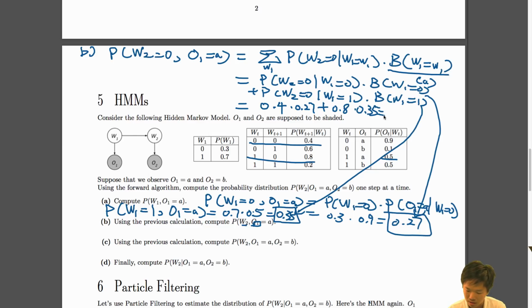And if we plug that into a calculator, we will get 0.388 for W2 equals 0 and observation 1 equals A.